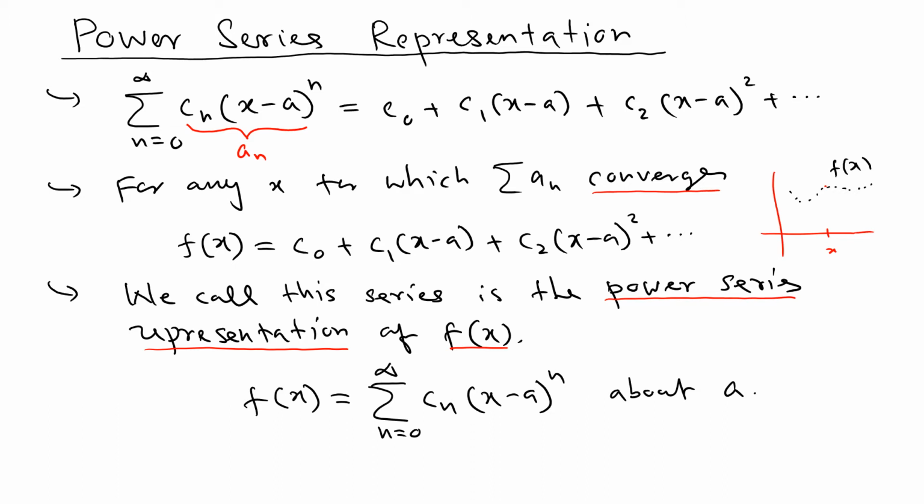So let's see. We can start with several common ones. We start with this interesting geometric series. We know that for absolute value of x less than 1, we have 1, and then every time you multiply by x, so x squared, x cubed, like that. When absolute value of x is less than 1, that's the r value.